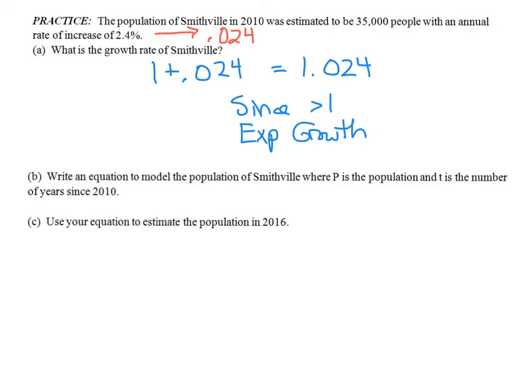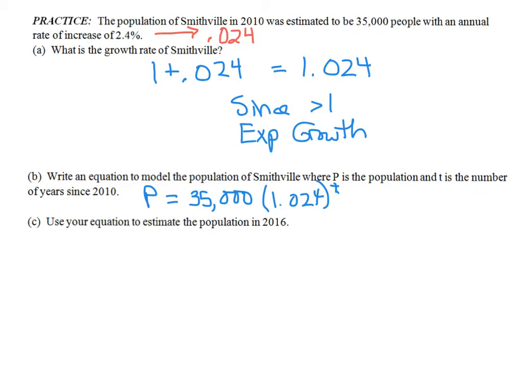So for an equation to represent the population, now don't get confused, we're calling P population now, so that's going to be on the left side of my equation. Population is equal to, in this case, 35,000 was how many people I began with in Smithville in 2010. But then I'm going to multiply by my growth rate, 1.024. And t is going to be my time in years, so that's going to be the exponent on 1.024.